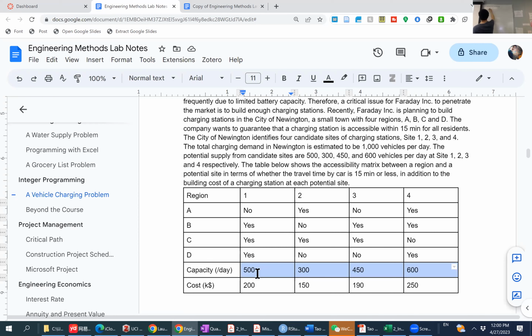Next step is that we want to define decision variables. So in this question, the decision variables are, well, I will just define them as xj, where j belongs to 1, 2, 3, and 4, representing whether or not a charging station, well, a station should be built at site j.